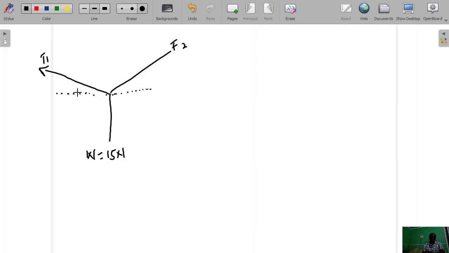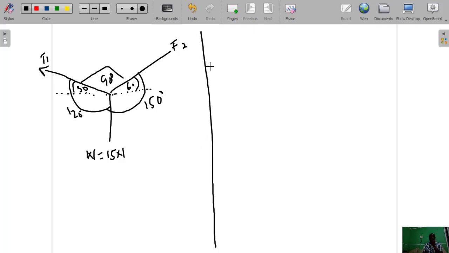And we got here to be 30, we got here to be 60. So if you add this 30 to the 90, you get this to be 120 degrees. When you add the whole of this, you get 150 degrees. So the remaining one will be 90 degrees. So you can now solve for our tensions.